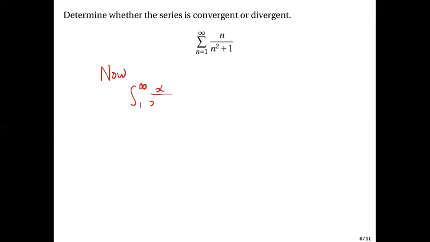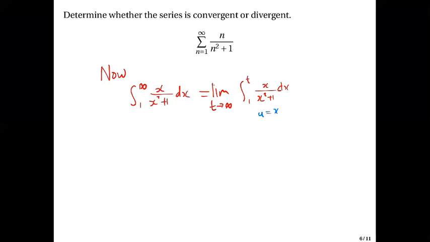So x over x squared plus 1 dx. And by definition, this is the limit as t approaches plus infinity of the integral from 1 up to t of x over x squared plus 1 dx. And then you can use your u substitution here.